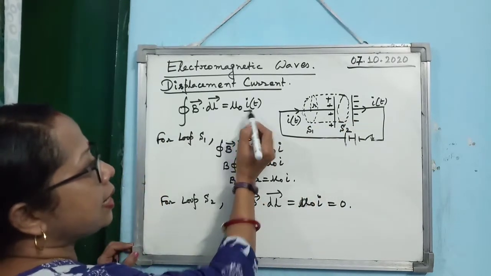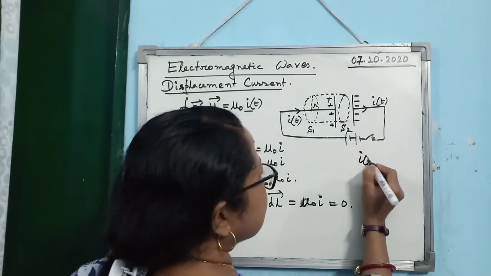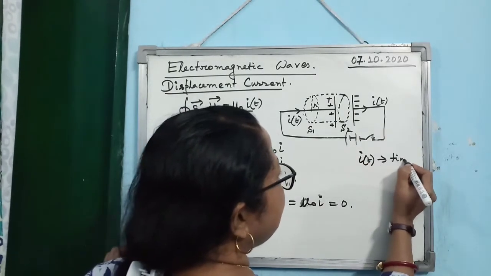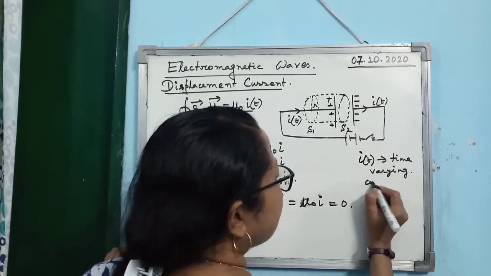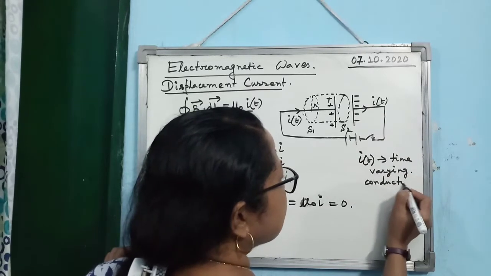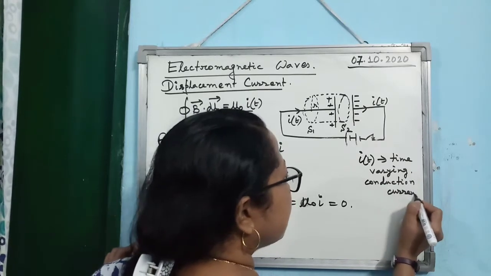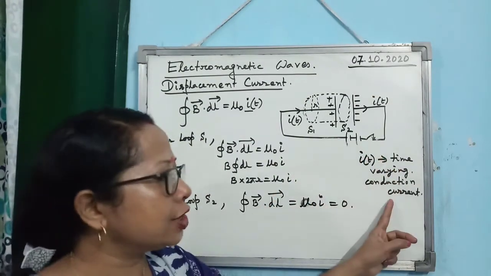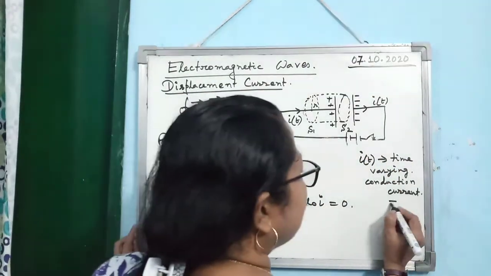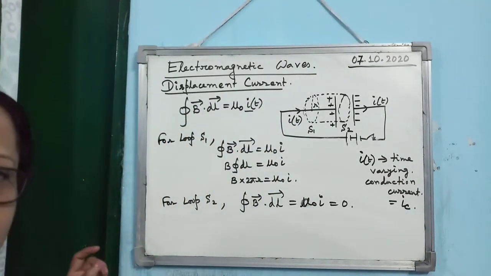This I is known as the conduction current, IT, the time varying conduction current. Due to conduction of charges, the current is produced, so it is known as the conduction current. Generally we use this symbol also, IC, where C stands for conduction current.